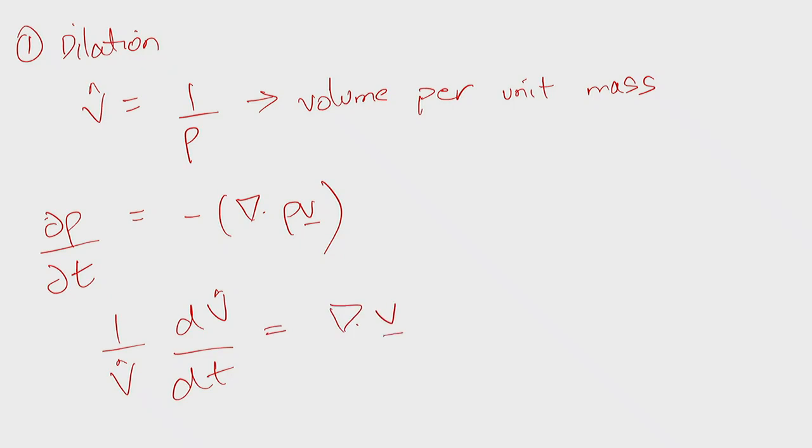Again, v hat is the specific volume, small v is the velocity. And so here what we have, on the left-hand side, is the rate of dilation, which is equal to the divergence of velocity.